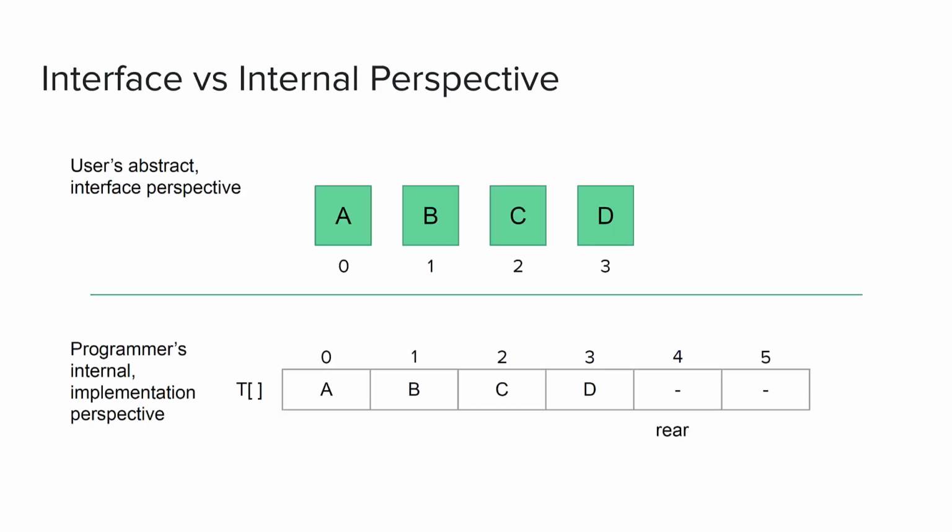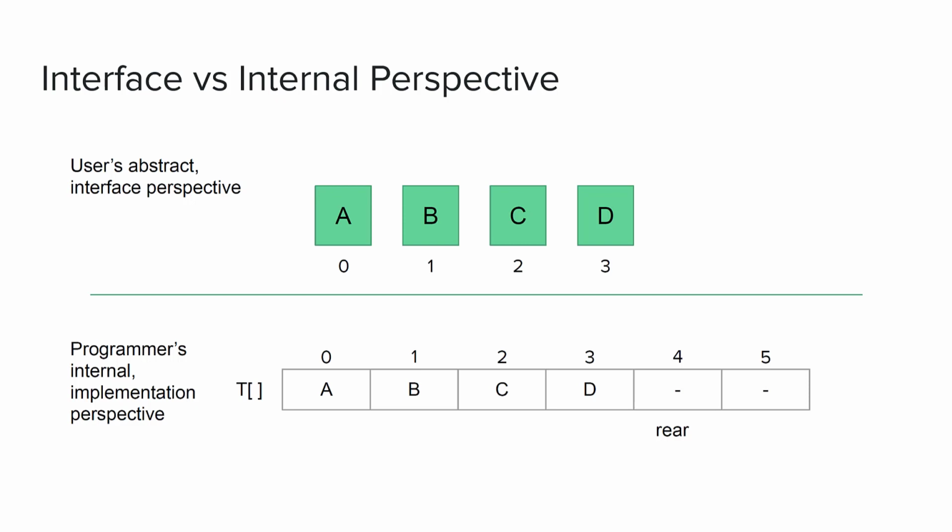In this slide, we can compare the abstraction from the implementation and get a little clearer picture of what's going on. Above the green line, we have the user's perspective, the abstract data type perspective, or the interface perspective. This is the highly abstracted viewpoint.